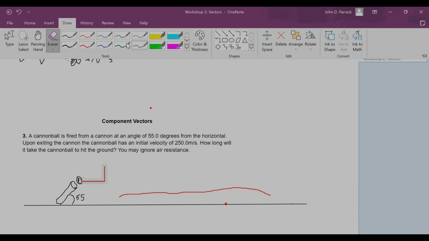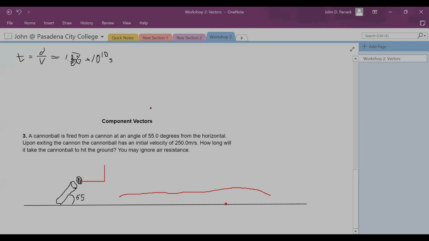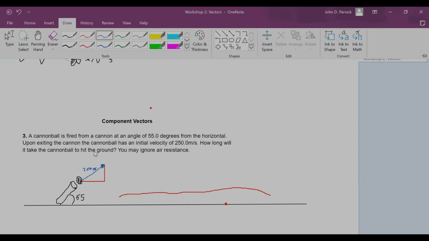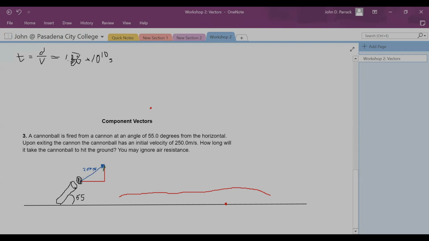So follow along with me here. I'm breaking this up into 2 pieces, all right? Really 3 pieces. So the velocity was something like this at that 55-degree angle, right? This blue vector that I've drawn is that 250 meters per second. Okay. And what we're trying to find out is what is the portion of that velocity that's in the upward direction?